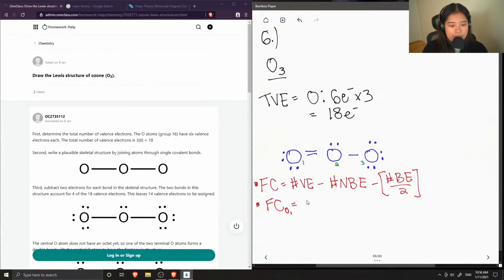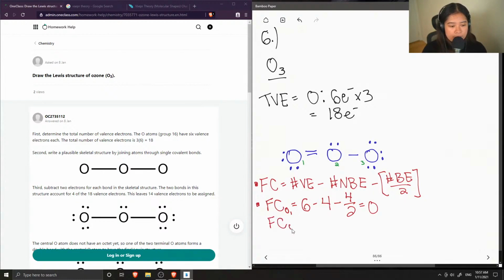Its number of valence electrons is 6. It has 4 non-bonding electrons, so these are the lone pairs. And for the number of bonding electrons, there's a double bond, so we have 4 bonding electrons divided by 2. So 6 minus 4 minus 2 is 0. So our first oxygen is neutral.